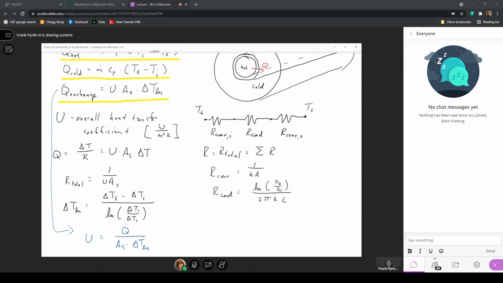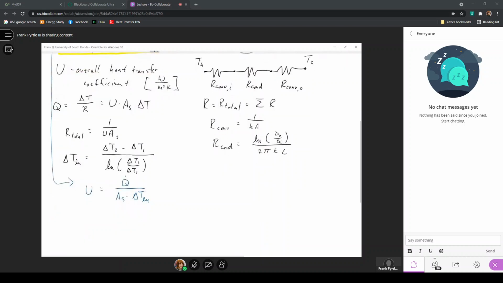But now, how do we use those values during a heat transfer analysis? Well, we use them with two different methods for providing an analysis of a heat exchanger.